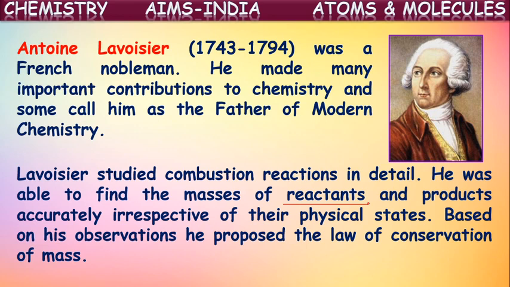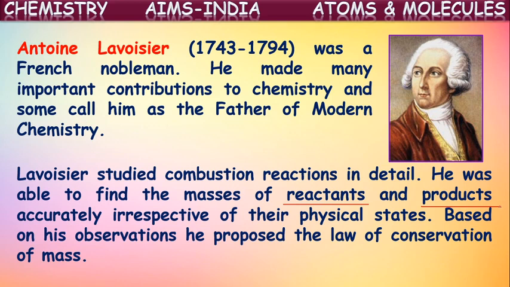Okay, the chemical substances which are involved in the chemical reaction to form new substances are called the reactants. Now, the chemical substances which are formed in a reaction are called the products. In the same reaction, iron reacts with atmospheric oxygen in the presence of moisture to form rust.